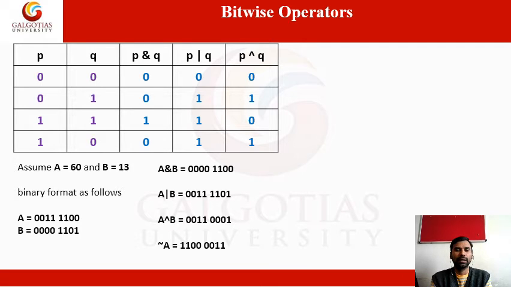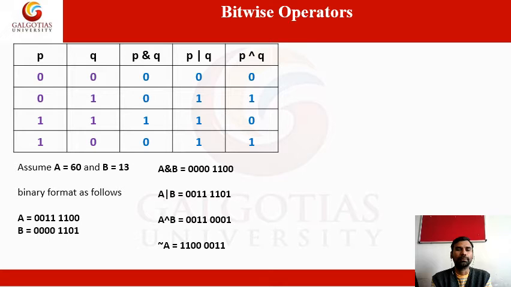P AND Q is 0, P OR Q is 1, and P XOR Q is 1. Same here, when both P and Q are 1: P AND Q is 1, P OR Q is 1, and exclusive OR is 0. Next, 1 and 0: P is 1, Q is 0. P AND Q is 0, P OR Q is 1, P XOR Q is 1.